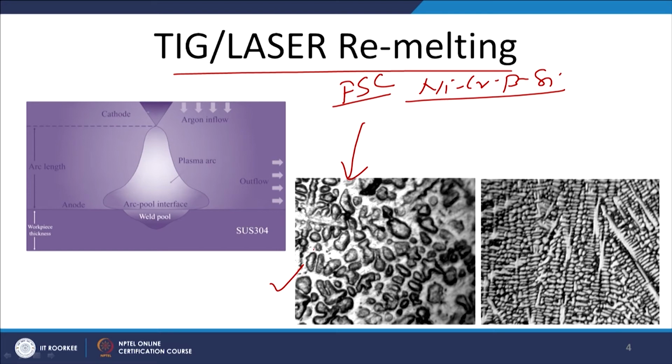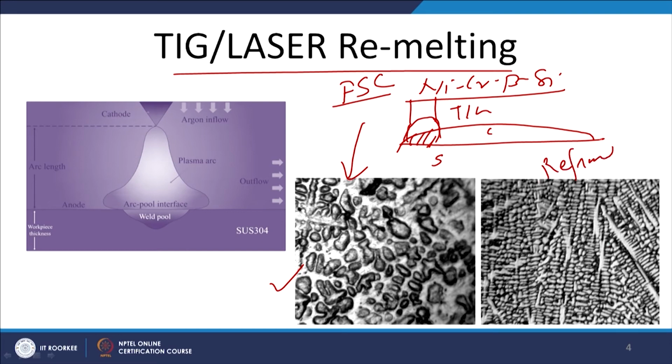When this is the substrate and this is the coating, and it is subjected to remelting using the TIG arc, this resulted in melting followed by fast cooling, and fast cooling resulted in a very refined grain structure. If we compare these two grain structures, this structure is comparatively coarser than the one which is subjected to the TIG remelting.